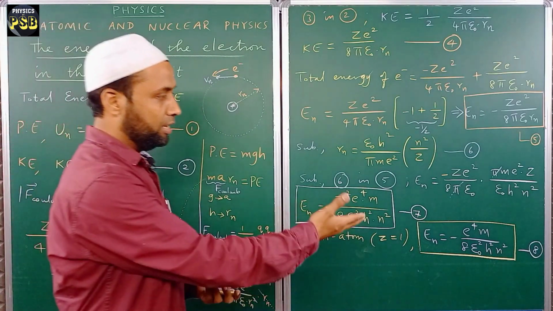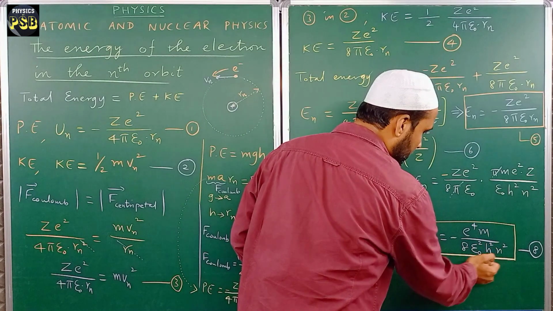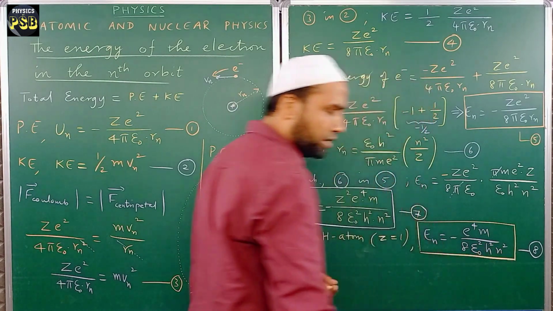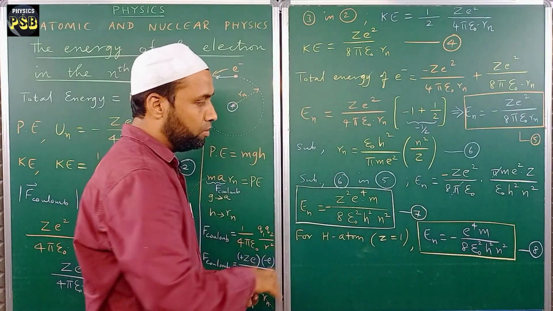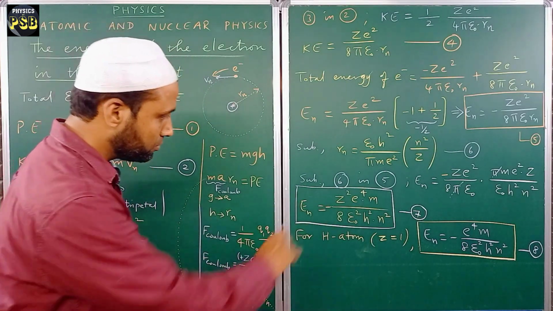Except n, the other values are constant in this equation; n is a variable.